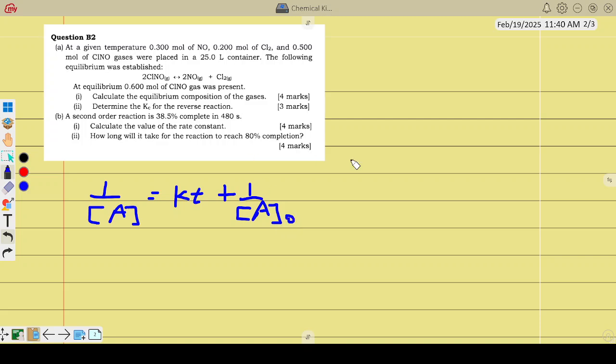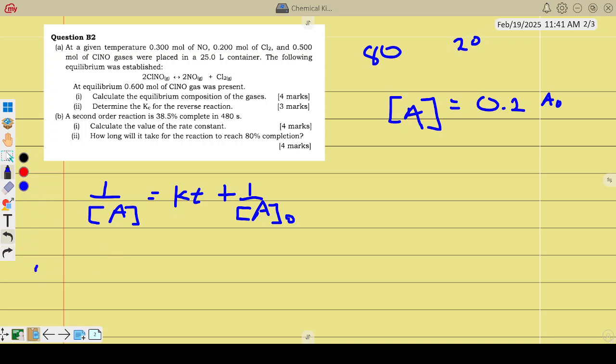So 80% completion simply means that the final concentration will be, since it's 80% completion, what remains is 20, and when you divide 20 by 100 it's 0.2. So what is a final? We're going to put 0.2 a naught, a initial.